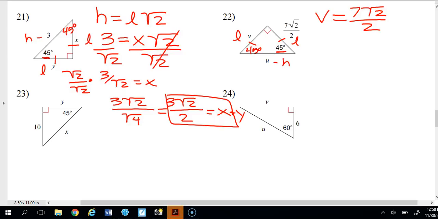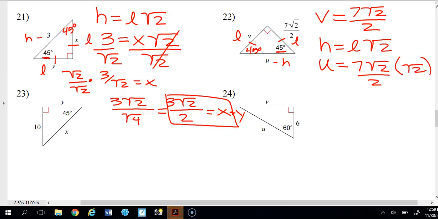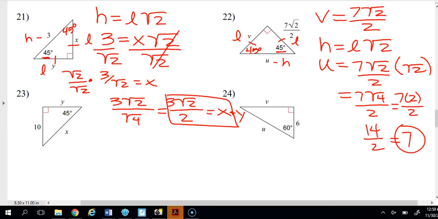So, again, our formula is h equals L radical 2. u is h, and our leg is 7 square root of 2 over 2, and we're going to multiply that by the square root of 2. So that's going to be 7 times the square root of 4 over 2, which is equal to 7 times 2 over 2. That's 14 over 2, which equals 7. So our u is equal to 7.